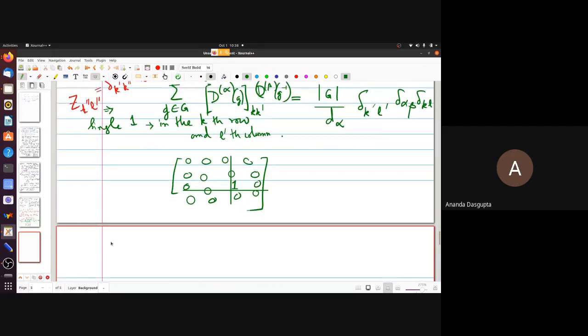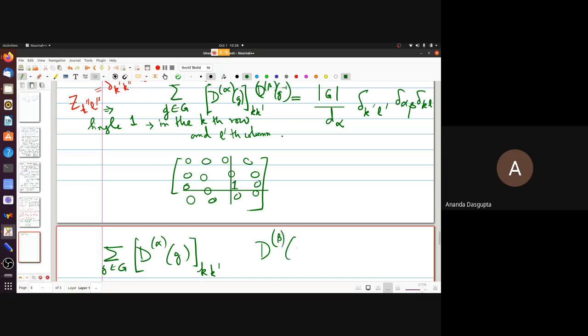The equation we have is really the sum over all G belonging to capital G. Take the D alpha matrix corresponding to G. Take its k prime element. This is now a statement about a single specific element, by the way. The k prime element.